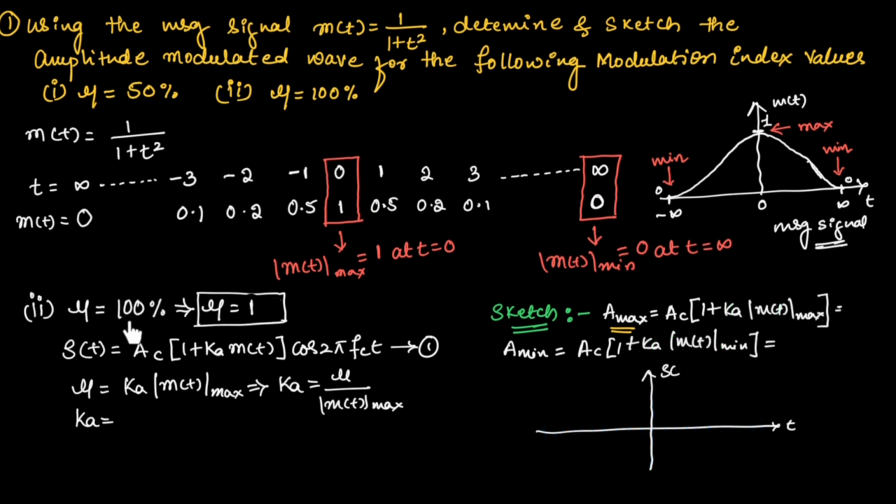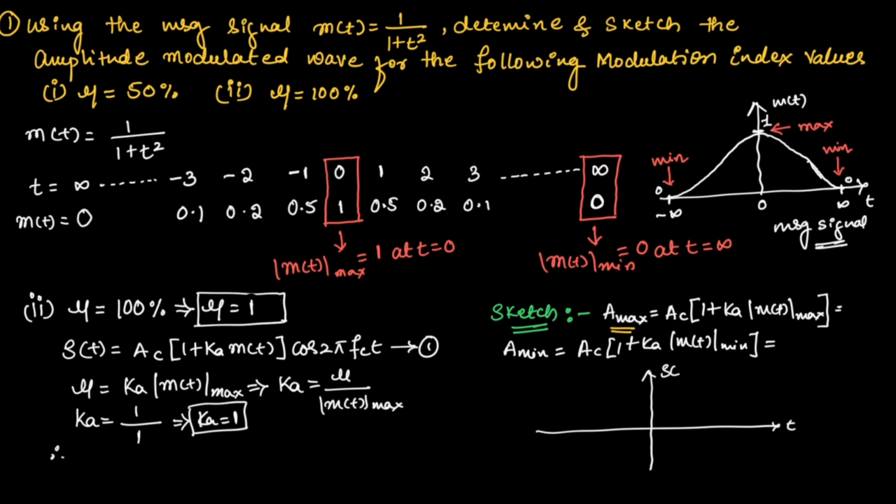Now if we take the second case where modulation index is 100%, we can write mu is equal to 1. So this is the standard equation for AM modulated signal. If we take the expression for Ka, we can write it as mu divided by m of t maximum. So mu is 1 divided by m of t maximum is also 1. Therefore, we can say Ka is equal to 1.